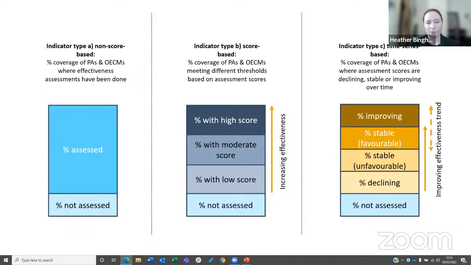The second option would be based on scores. So this would involve assessing protected areas and OECMs for effectiveness and setting thresholds to group them into levels of effectiveness. And the third option would be focusing instead on change over time. So instead of focusing on an absolute score, focusing on whether that score is improving or declining or stable over time. Next slide, please.